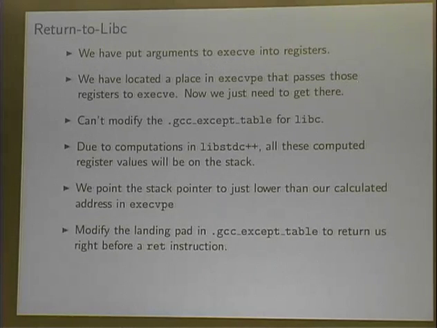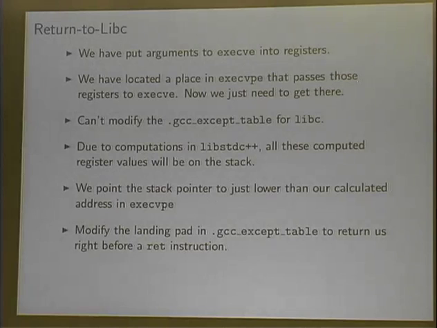So we can't put values directly on the stack with dwarf. But libstdc++ is doing all these calculations, and it has these values on the stack temporarily that we're putting into registers, because it moves them from the stack into registers. So if we can figure out where on the stack we are, we essentially have a region of the stack that we have control over. We can control the stack pointer from dwarf.